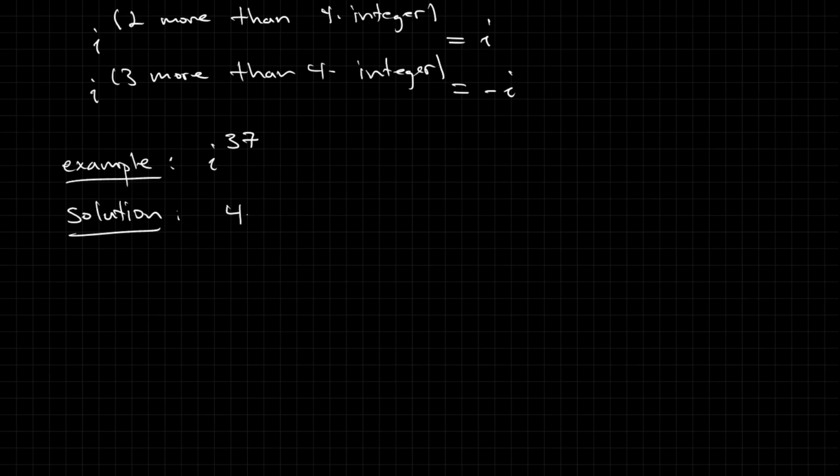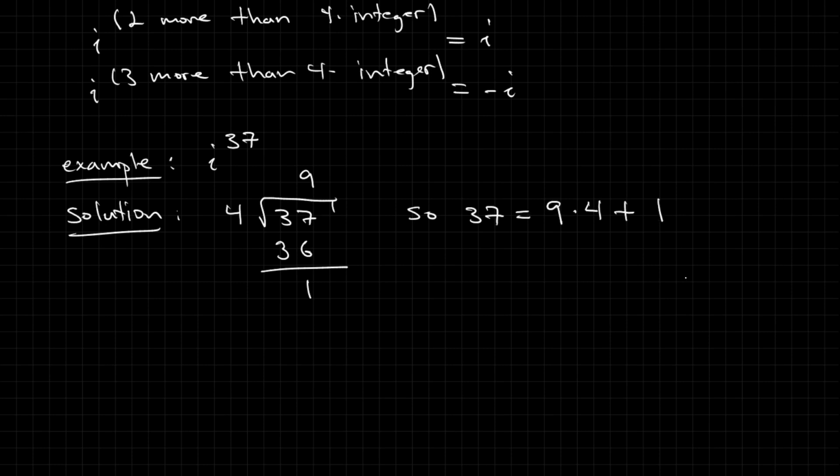If we wanted to do 37 divided by 4, 4 times 9 is 36, and we're left with a 1 here, and this 1 is the remainder. We've all done this in school, but I'd like to remind you of something that perhaps you've forgotten. What this means is that 37 is equal to 9 times 4 plus 1.